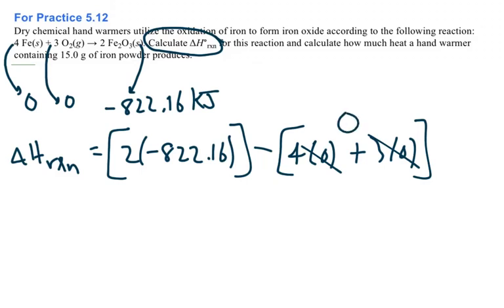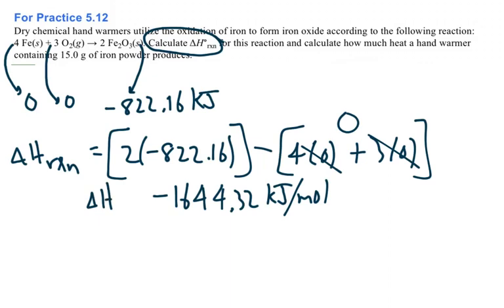So when you get your calculator and you multiply 2 times negative 822.16, you get negative 1644.32 kilojoules per mole. This is the delta H of the reaction. Now, that's the answer to the first part.